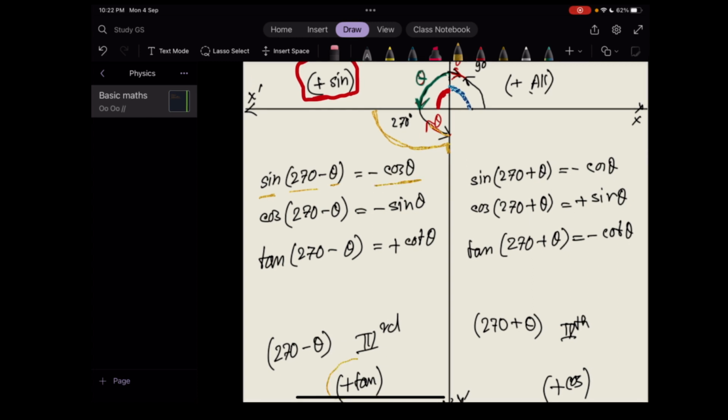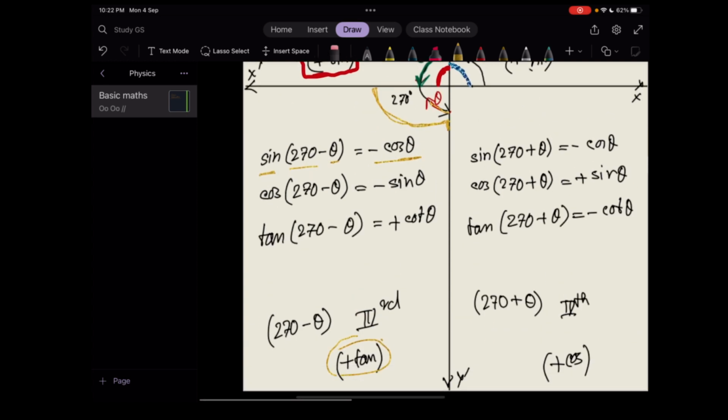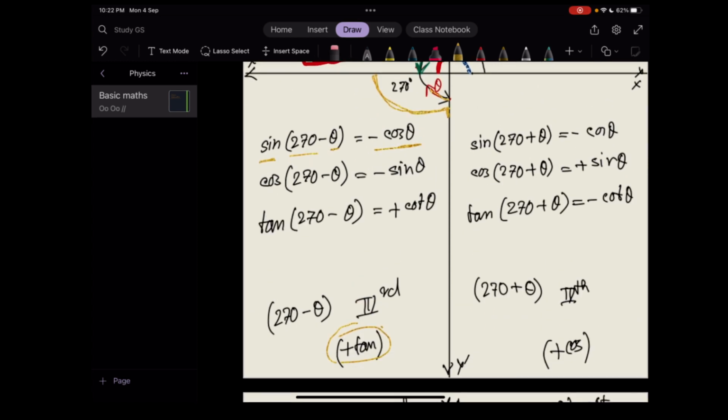Because here only tan is positive, others are negative, so the value of sine must be negative, the value of cos must be negative, but tan must be positive. So tan 270 degree minus theta lies in the third quadrant, where tan is only positive.